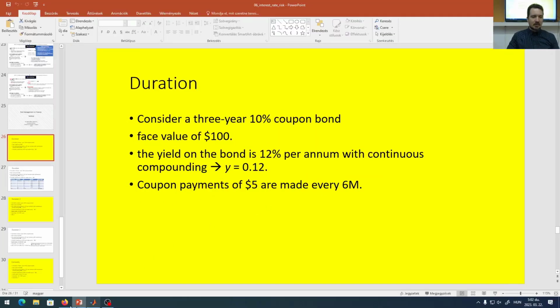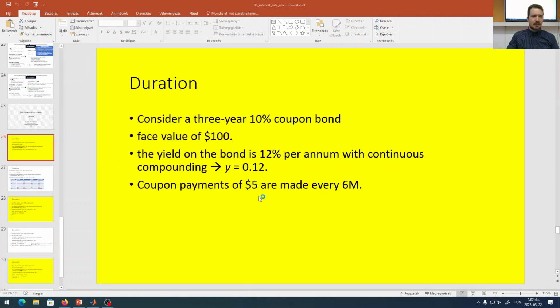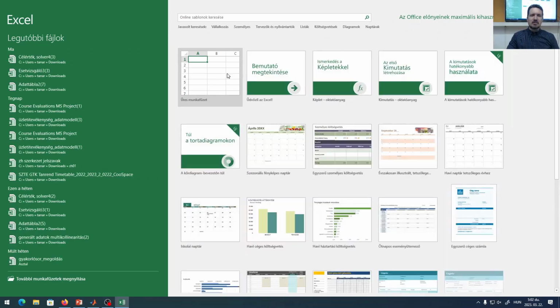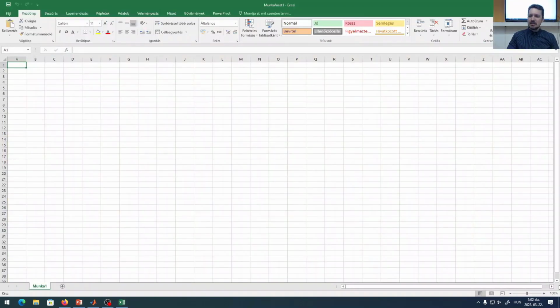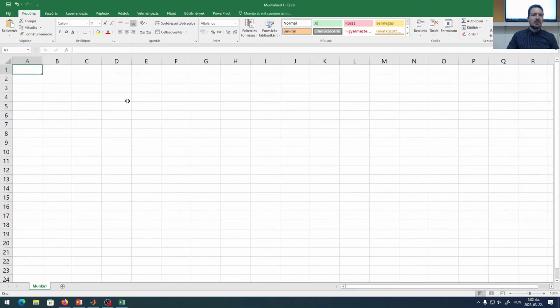So practically what happens here is that I'm opening my Excel. Oh, maybe today we don't need Matlab. If I remember well, we will check also what kind of functions are available, but practically today we would be able to survive without Matlab. So let's define time.